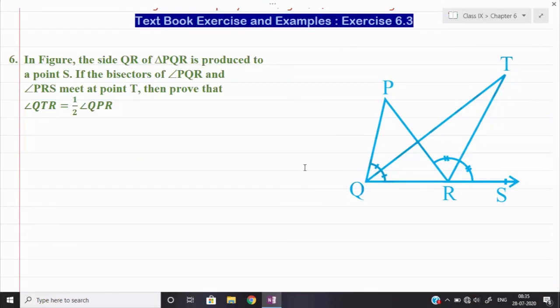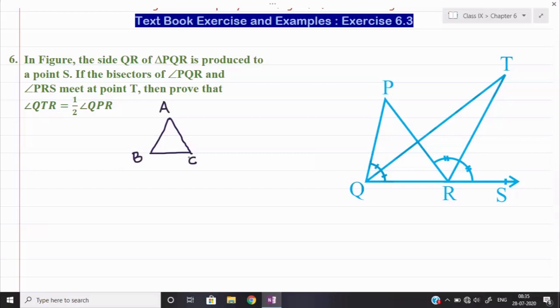Before I start this question, once again I will explain the remote interior angle theorem, or I should say the exterior angle theorem. Suppose I have one triangle ABC. If you want to apply the exterior angle theorem, then you have to produce one particular side.